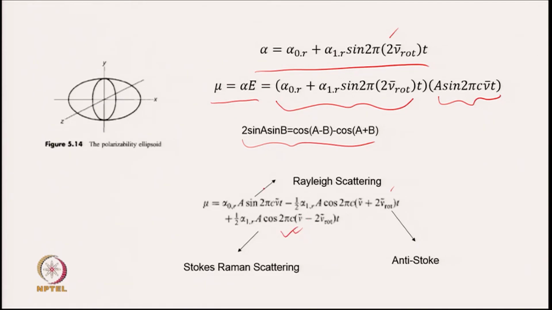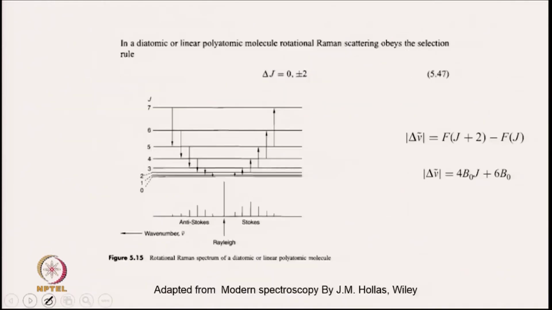So the first term is Rayleigh scattering, the second term is your anti-Stokes line, and the last term corresponds to Stokes Raman scattering. So you see cos(A minus B) minus cos(A plus B). This is your cos(A plus B), and this is your cos(A minus B).